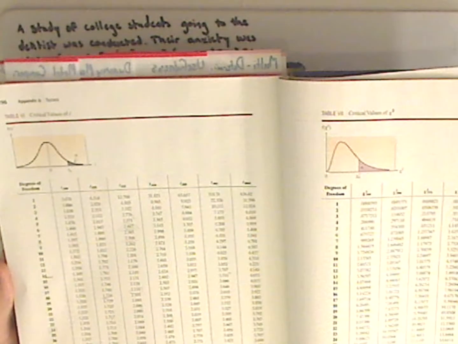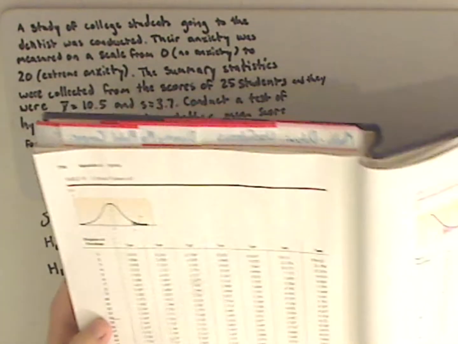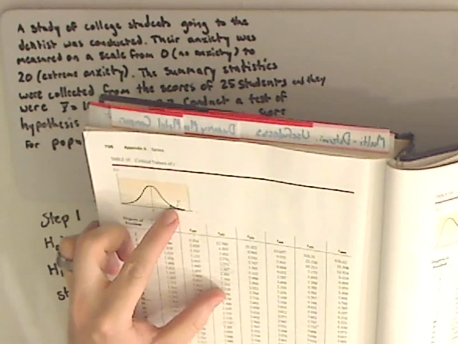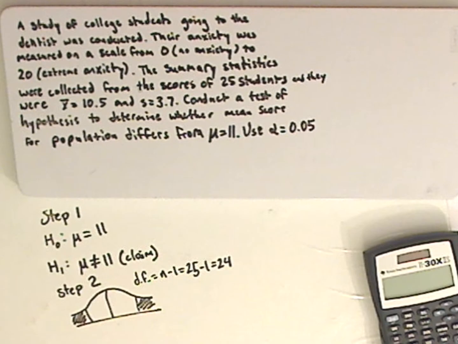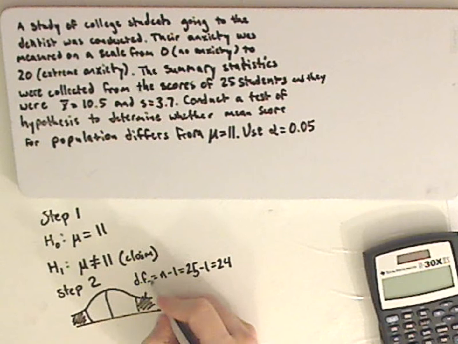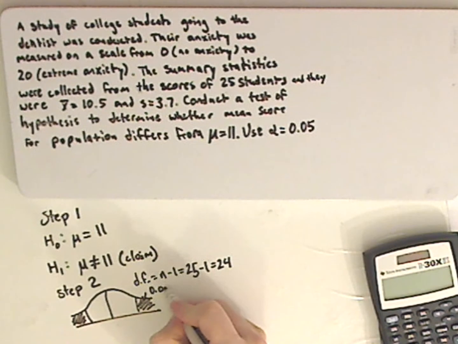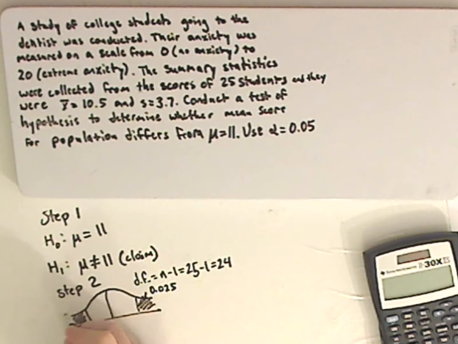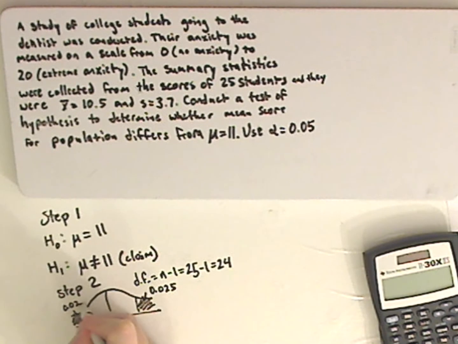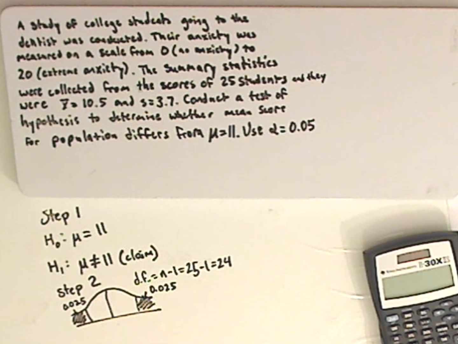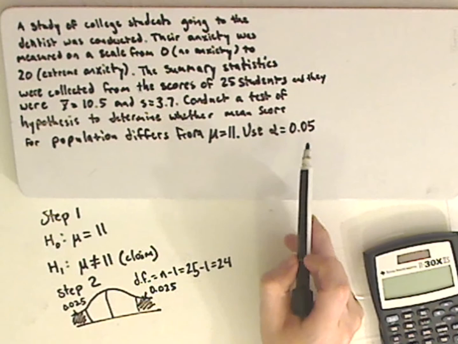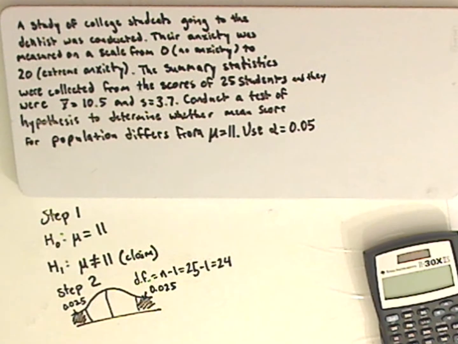Now, a table looks something like this. It includes the area underneath the curve. Since it's a two-tailed test, what you want to do with your alpha is split it. So this side would be 0.025, and on this side it would be 0.025. I'm just taking alpha and dividing it by 2.